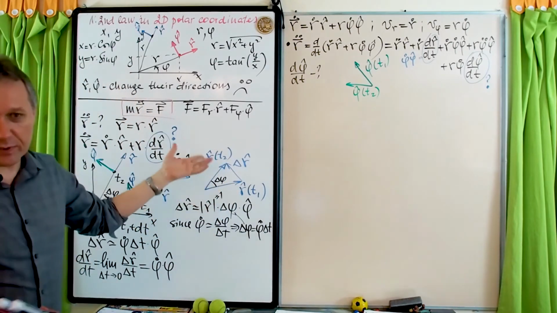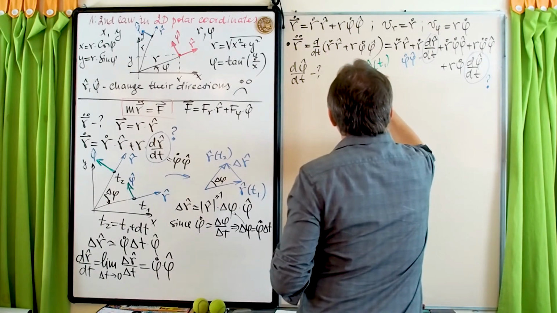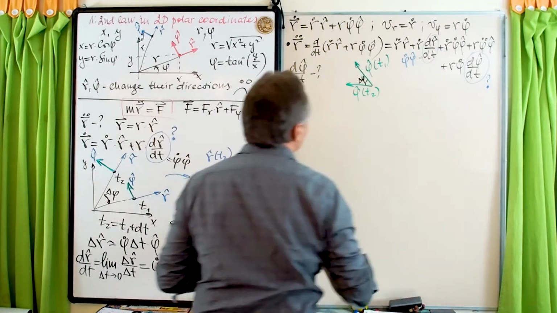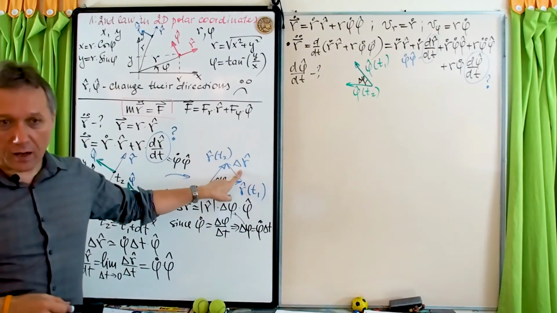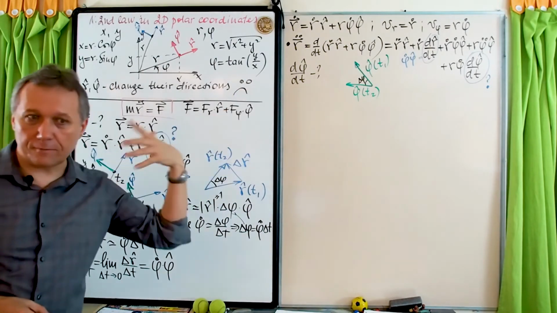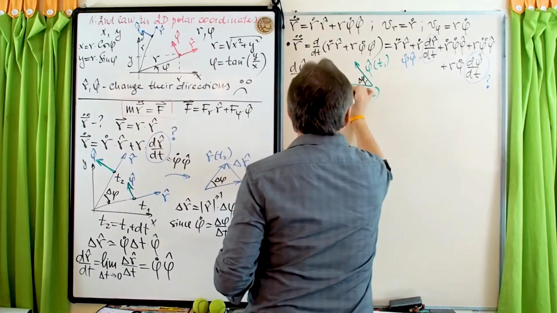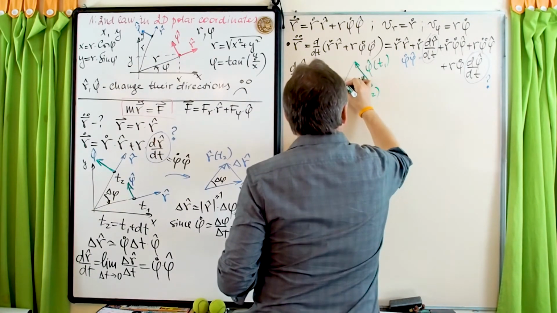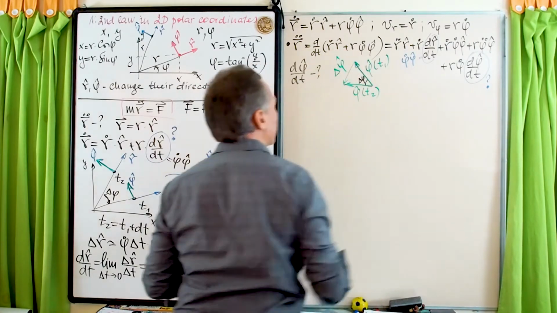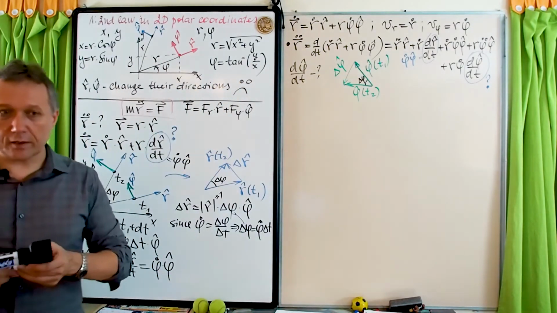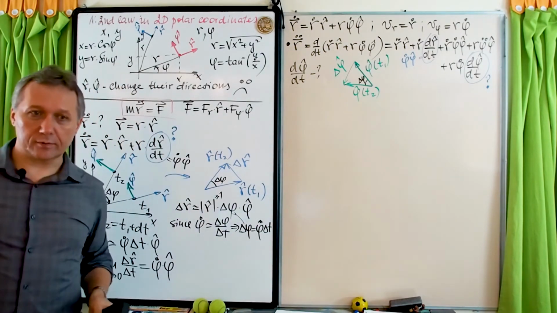Of course, the angle between them is still delta phi, right? And like here, we used delta r hat. Now we need to draw delta phi hat. And of course, this is delta phi hat. And again, using the triangle with that small angle, it's a side times the angle in radians, right?